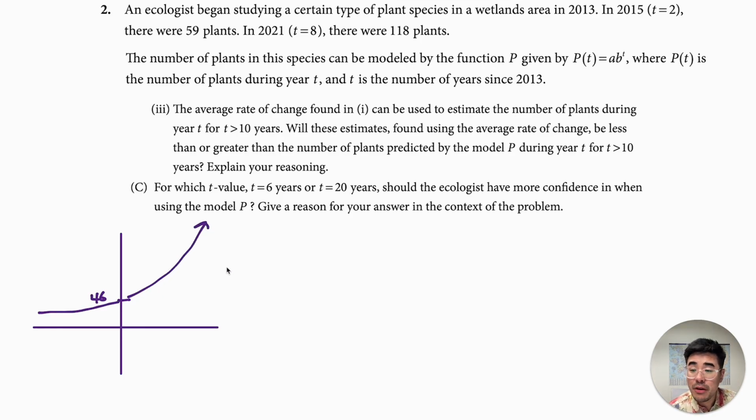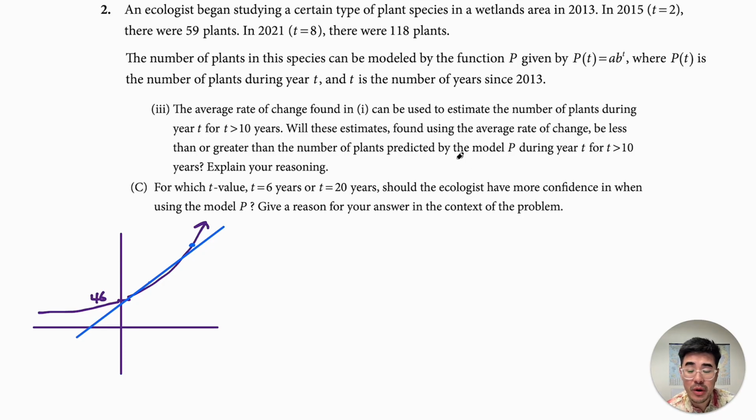Now, when we found that average rate of change, we did something called finding a secant line. So a secant line would be like finding this point here and finding this point here, and then connecting them with a straight line. So notice that between those 2 points, the curve will be under the secant line, but after those points, we're going to start growing exponentially and we're going to outpace our secant line.